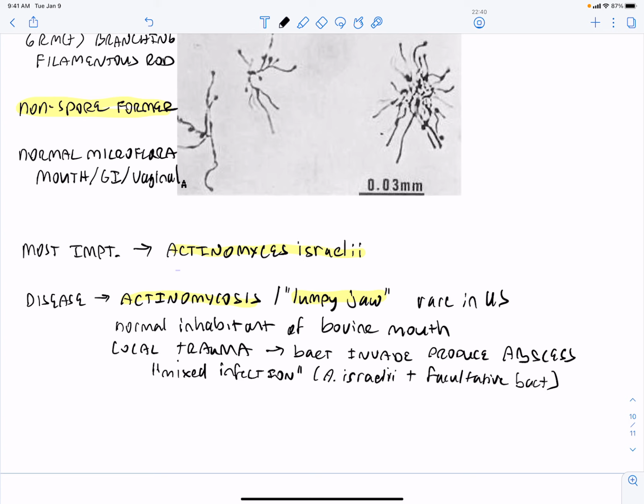Now the symptoms are going to be a slow developing hard lump that becomes full of pus, and it becomes a draining abscess.